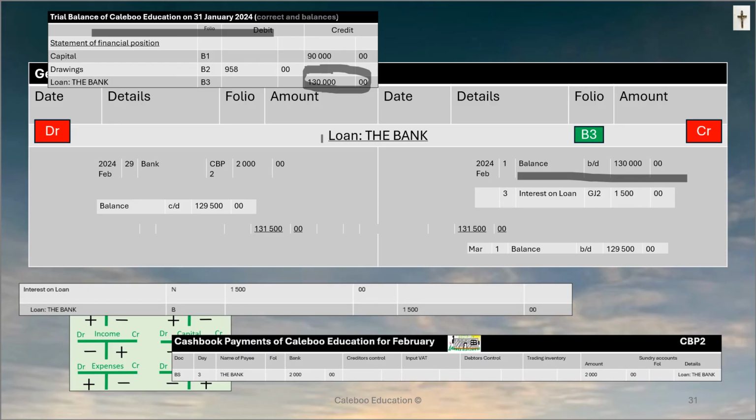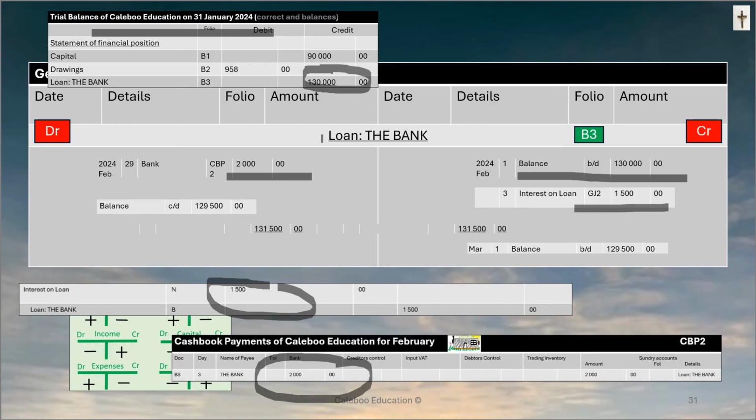We got the interest on the loan from the general journal, 1,500. We made a payment to pay off the loan, 2,000. So now we've got the opening balance and the two transactions that relate to the loan. One was a decrease in liability, so it would have been debited, the paying back of the loan. The interest on the loan increased what we owed the bank. It was an increase in liability, so the rule says it got credited.